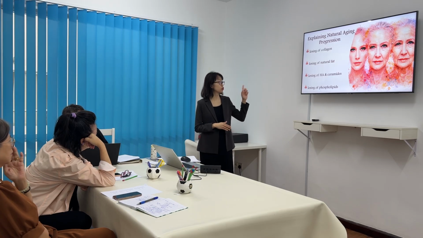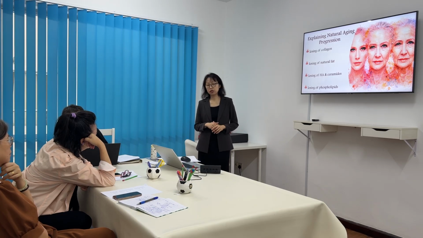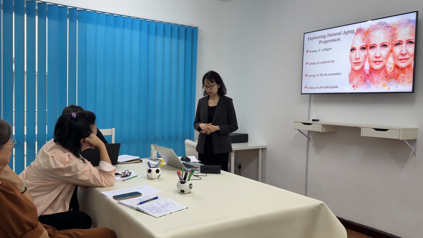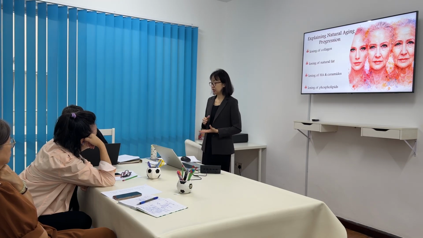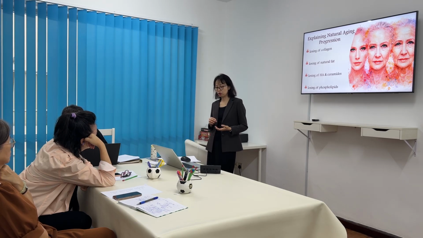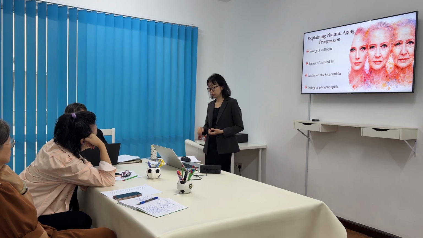Progression 2 is losing of natural fat plus the skin lipids. Subcutaneous fat is the volume support padding under the skin, and lipids in the stratum include ceramides, cholesterol, and saturated fatty acids.